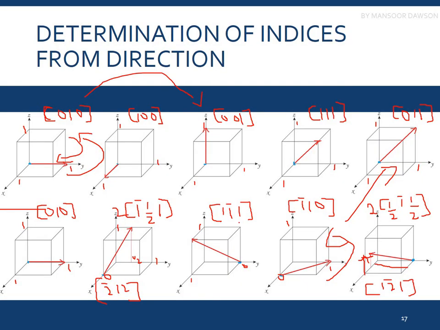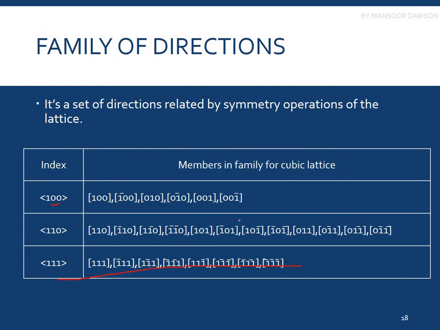So again, you can see over here that this 1 negative 1 1 is equal to this 111. If you rotate this cube in the other direction, you will get this. So both of these would be equivalent. So this is how we determine a family of directions.